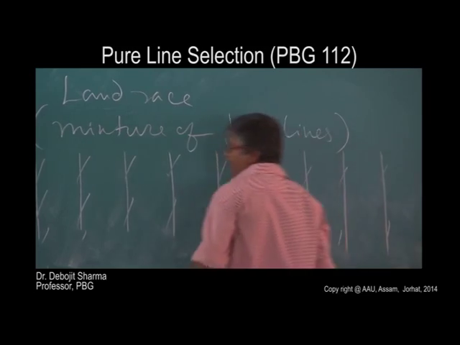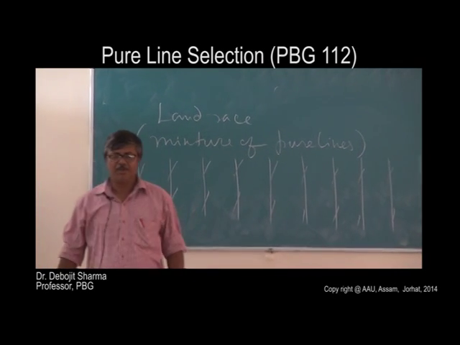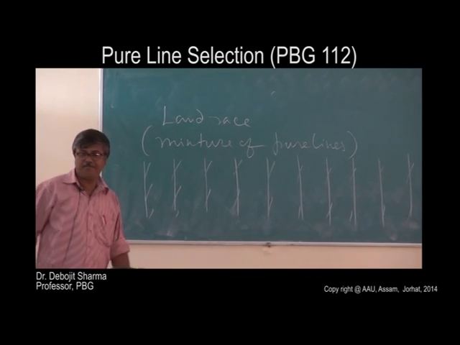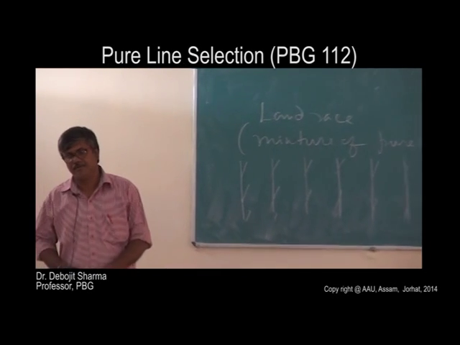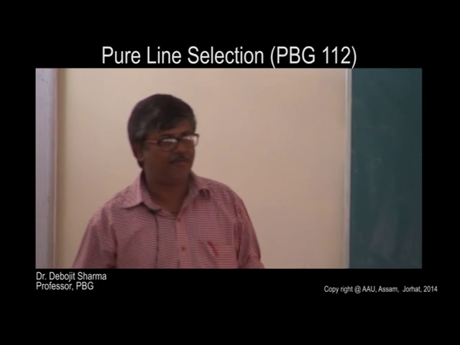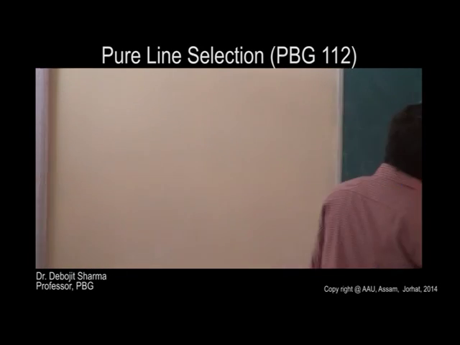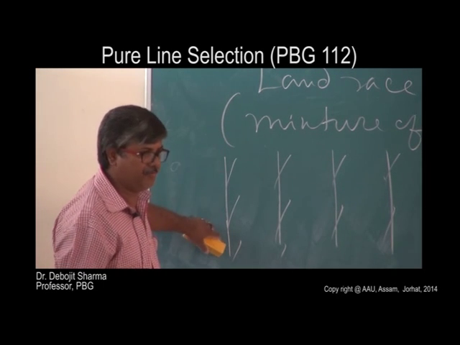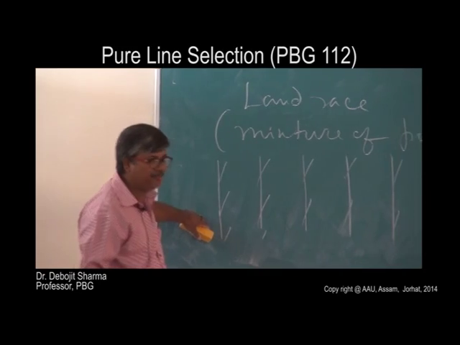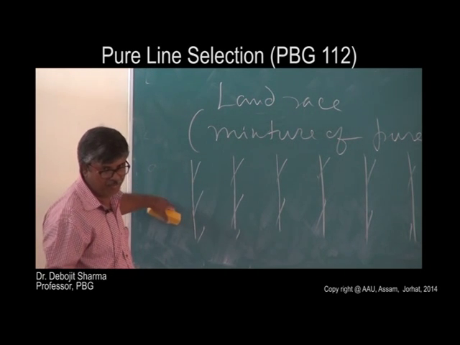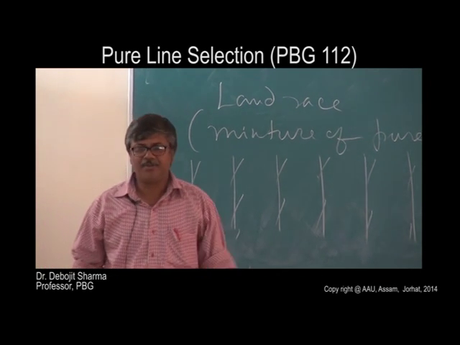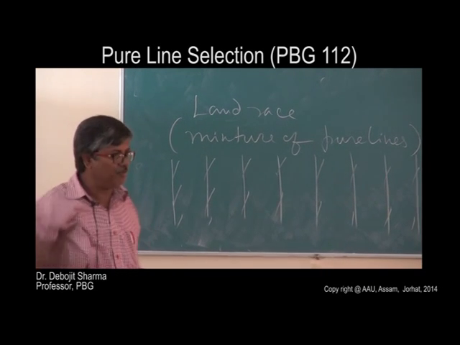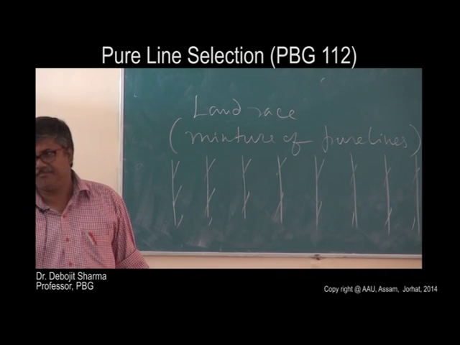Then he will look for variation within the progenies for the character for which he is selecting. If there is no variation, it will indicate that the original selected plant was homozygous for that particular character.